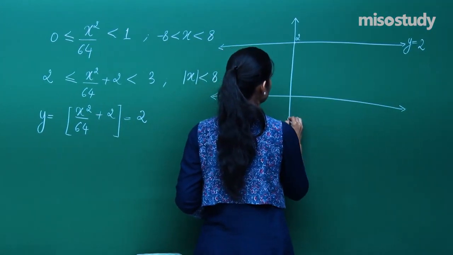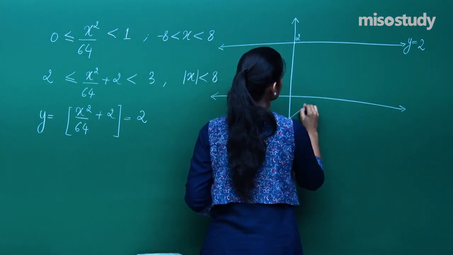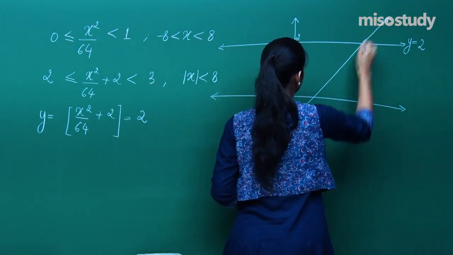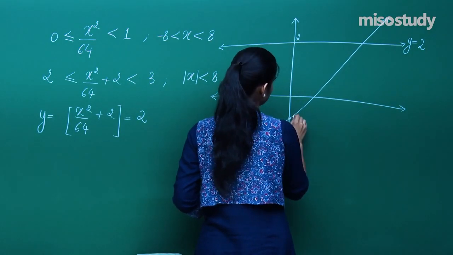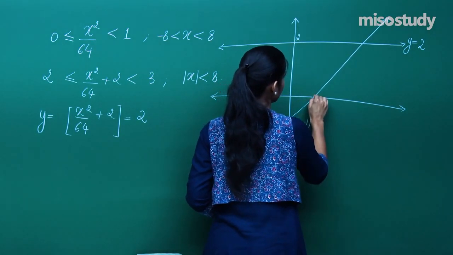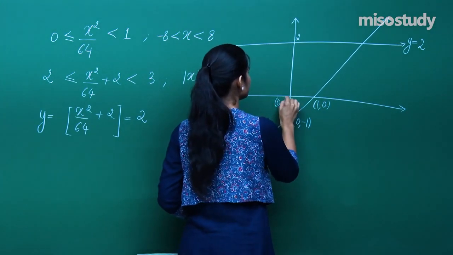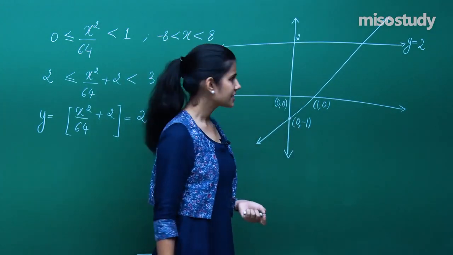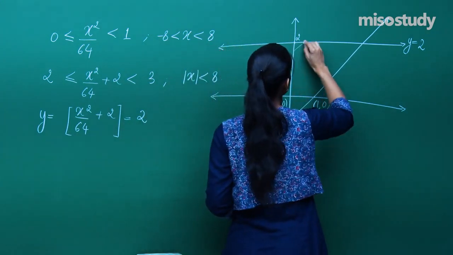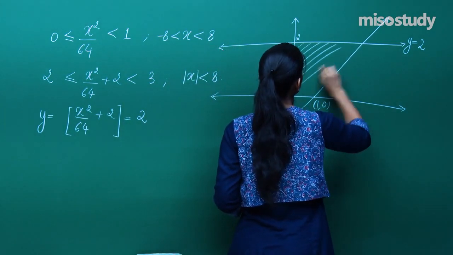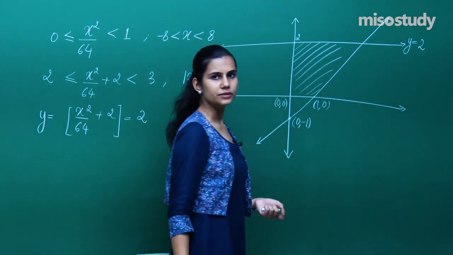And when you put y equals 0, you get x equals 1. This is 0 comma minus 1 and this is 1 comma 0. This is 0 comma 0. Above the x-axis and by y-axis, you basically are supposed to find the area of this region.